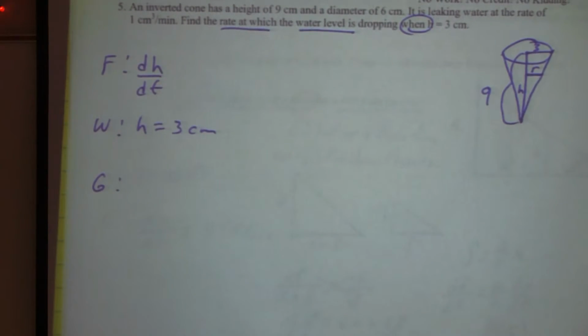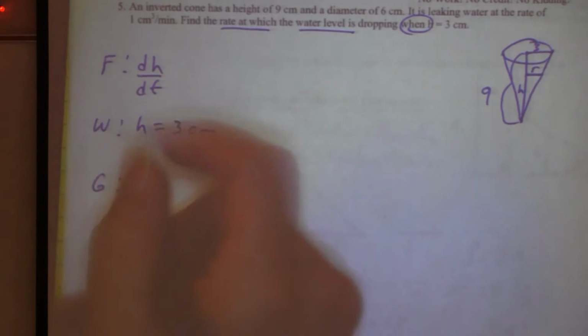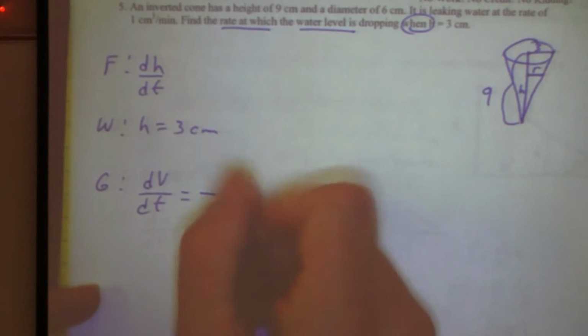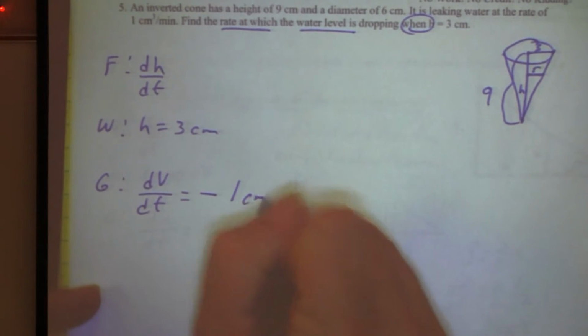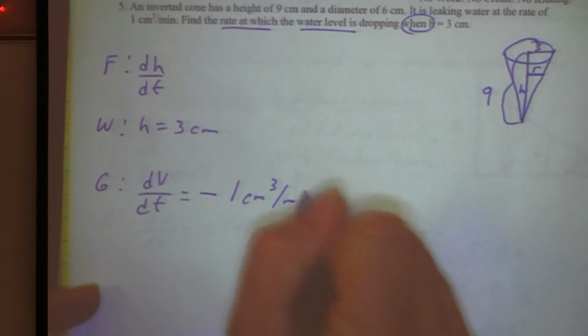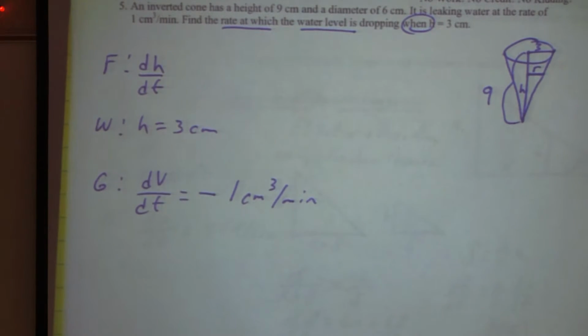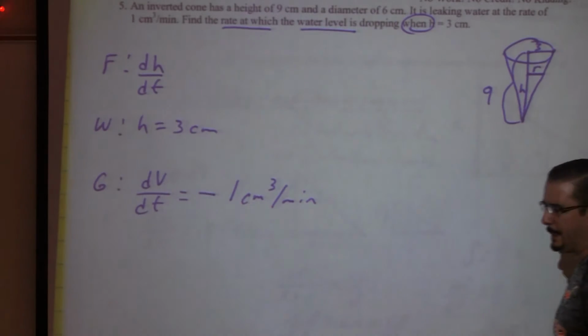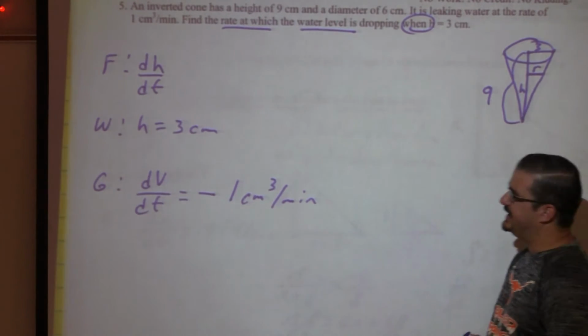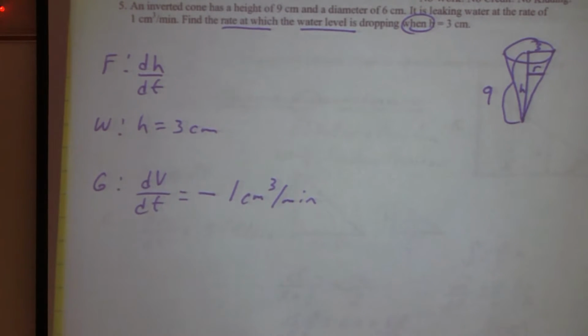Given dV/dt, the water is leaking, -1 centimeters cubed per minute. The water is leaking, therefore I had to put negative. The volume is decreasing.